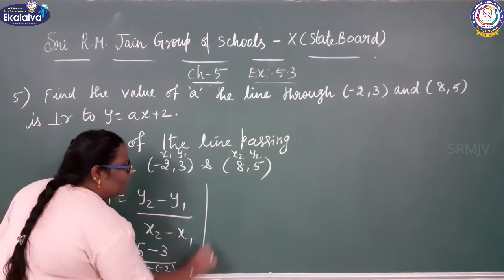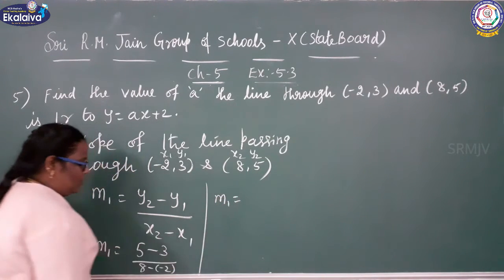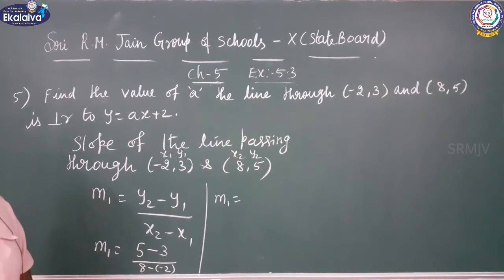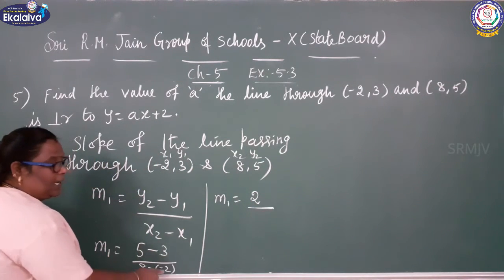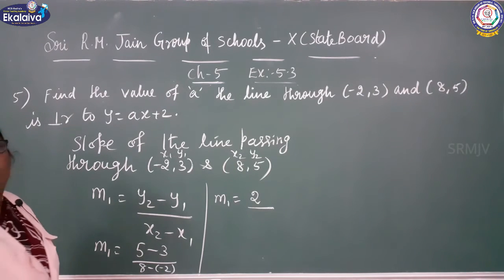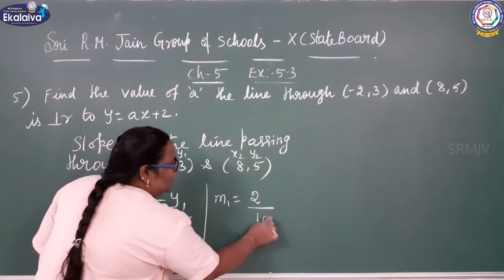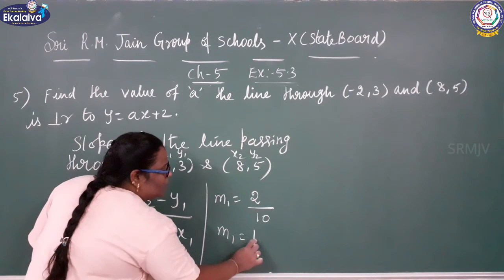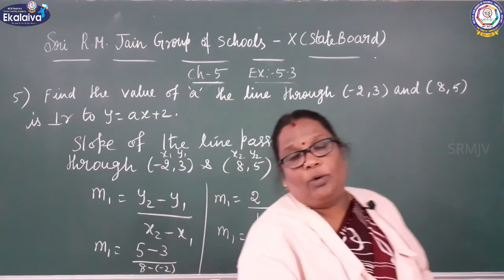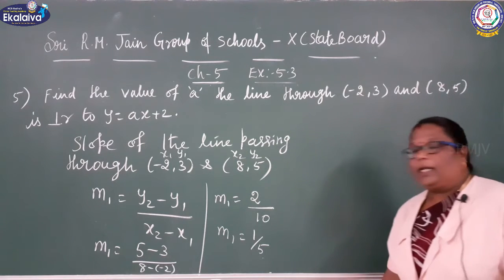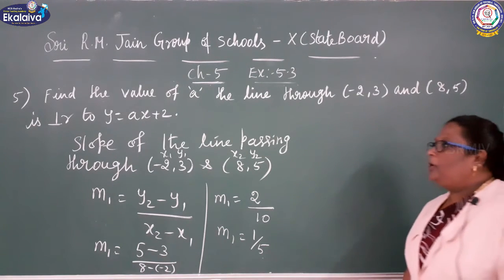So m1 equal to 5 minus 3 is 2, by 8 plus 2, which is 10. So m1 equal to 1 by 5.